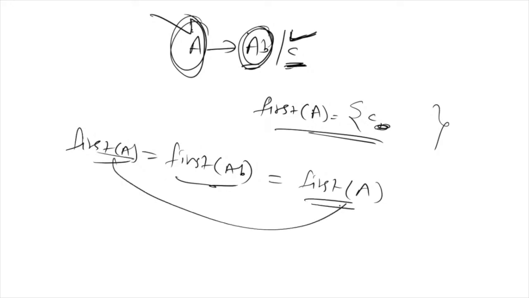First of A equals first of A, so it will not lead to anything. The only symbol that you can get is C. This is your first of A. This is how you can find first of any symbol.